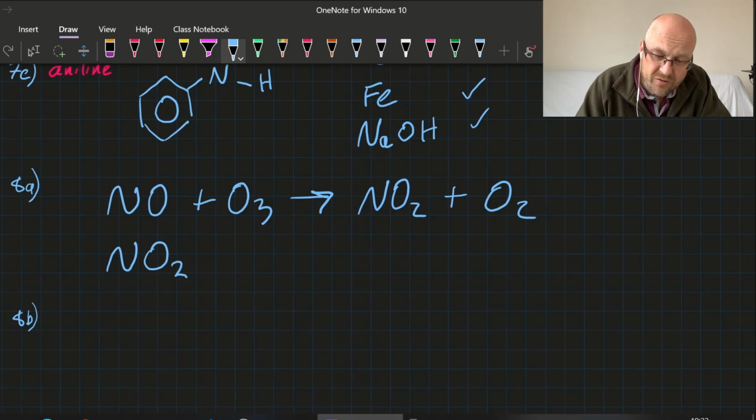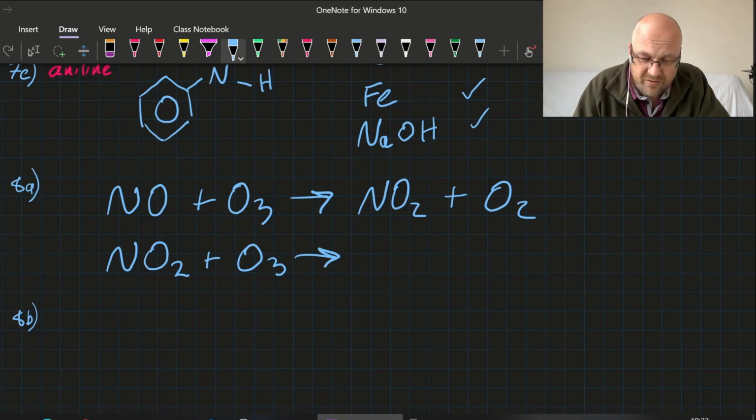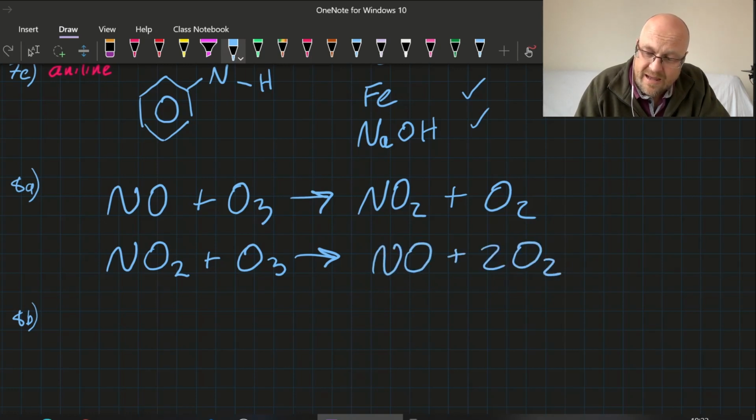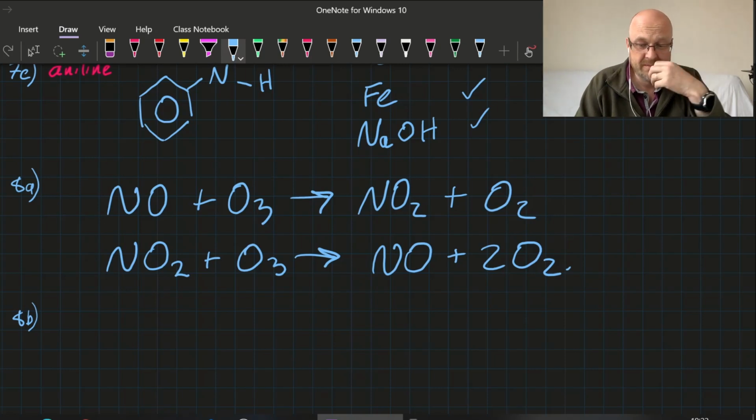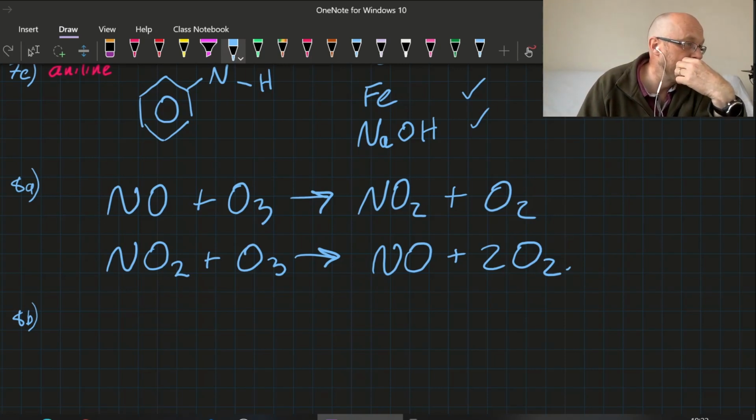Let's say that NO2 reacts with some more ozone. I've got a sequence here. And it says it's a catalyst, the NO, doesn't it? So I've got to have the NO back again, and then I've got a couple of oxygens hanging out there.